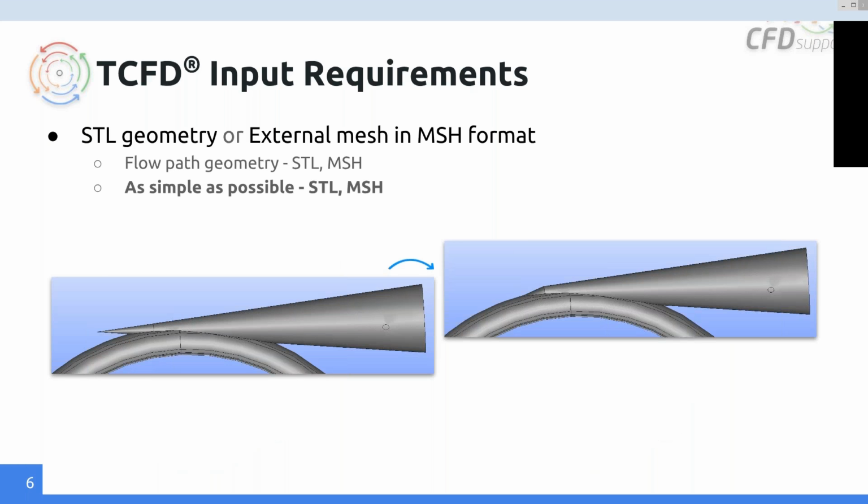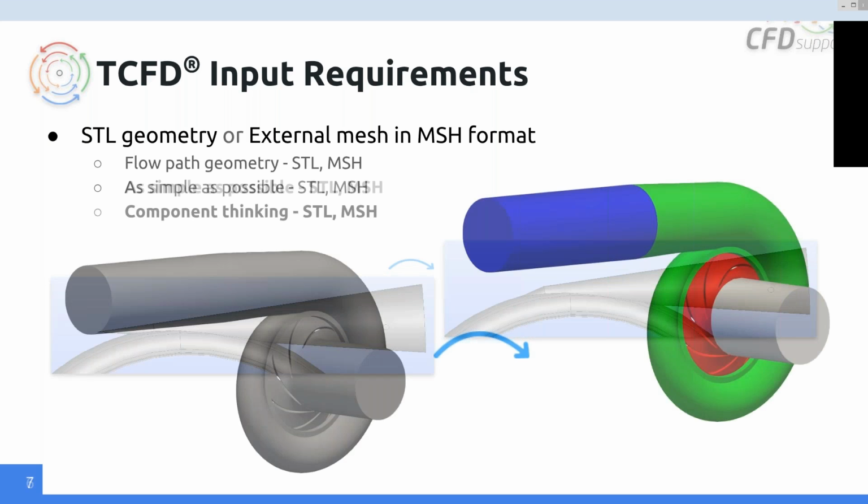Then the geometry must be as simple as possible, because any detail, any tiny hole which usually doesn't affect the overall parameters of your machine should be neglected, because it only makes trouble and doesn't improve anything. So as simple as possible.